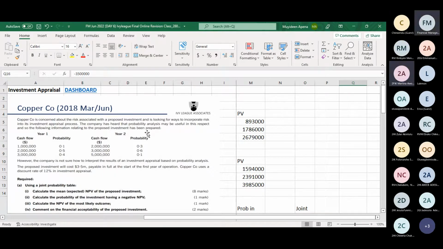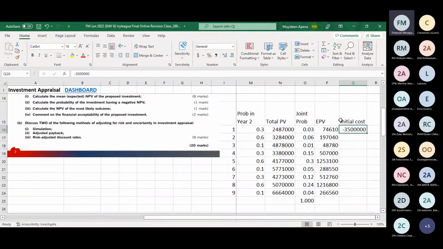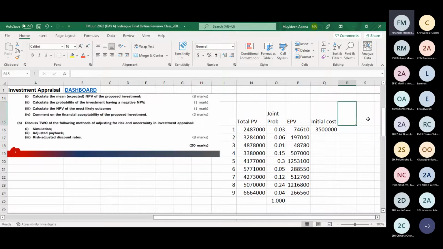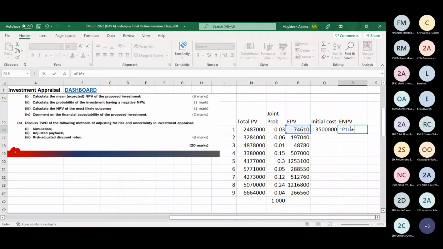Can you see it in the question? Yes, the proposed investment will cost $3.5 million. So if you charge initial cost to every expected present value, then we will get expected net present value for each scenario.